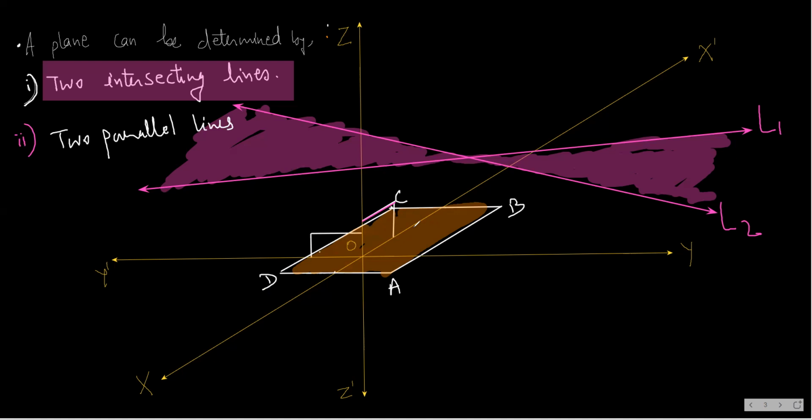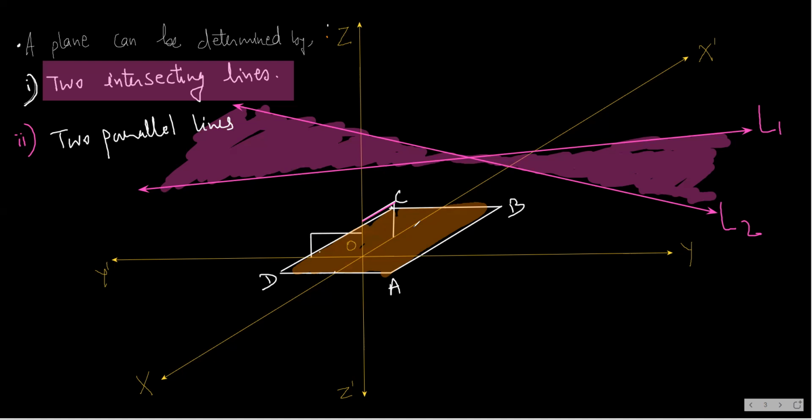Any two parallel lines, and this is all happening in three-dimensional space. What you can do is, in both of your hands, hold two pencils and just try to hold them parallel to each other. Whatever orientation or direction you want to give to the pencils is okay.